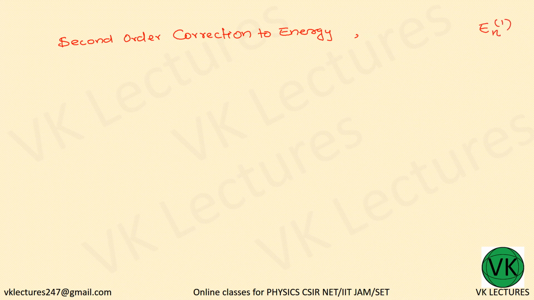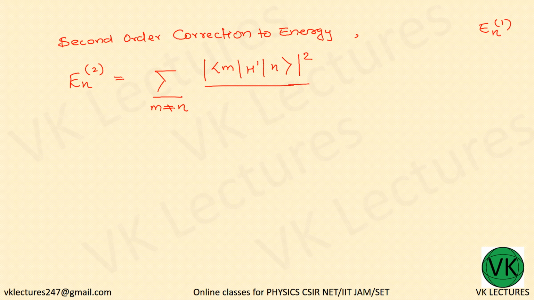Now we have the second order correction, which is given by En of 2, equal to the sum over m not equal to n of the magnitude of m h dash n, whole squared, divided by En naught minus Em naught.